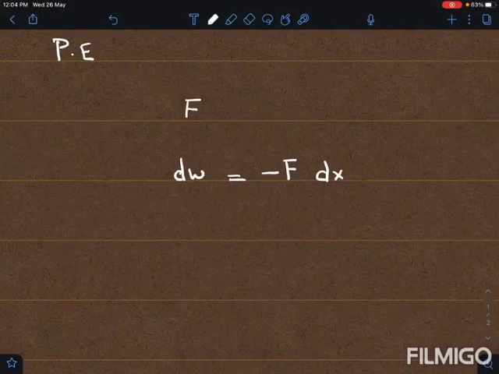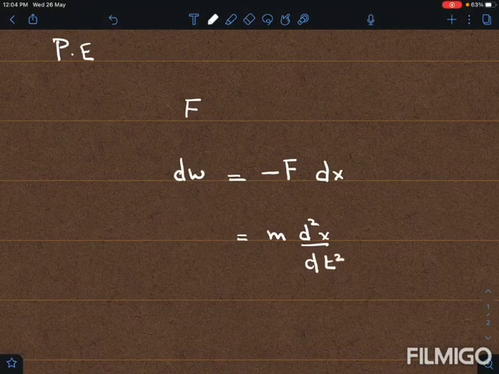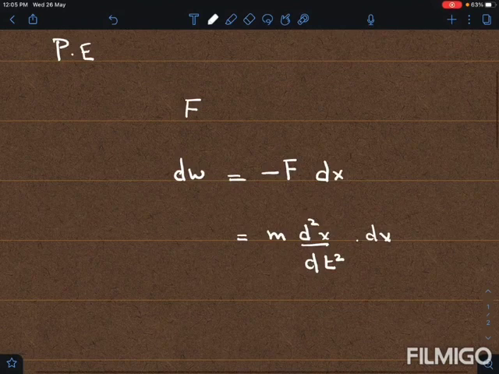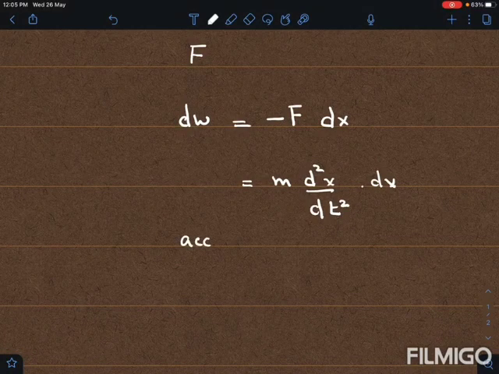Now we know that force is nothing but m into d square x by dt square, times dx. And d square x by dt square is the acceleration, and acceleration is minus omega square x, that we have learned in the previous video.